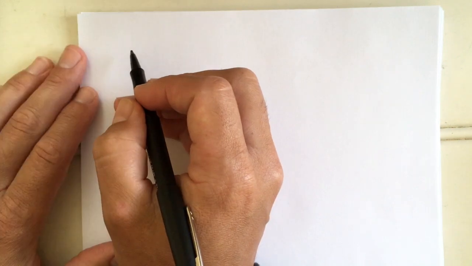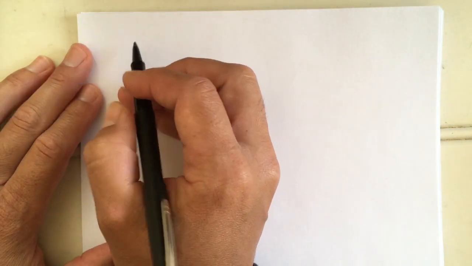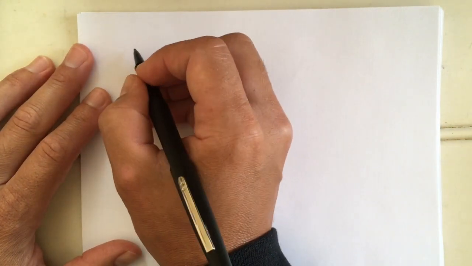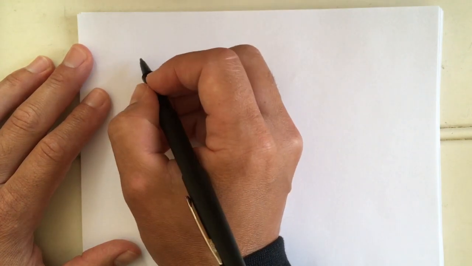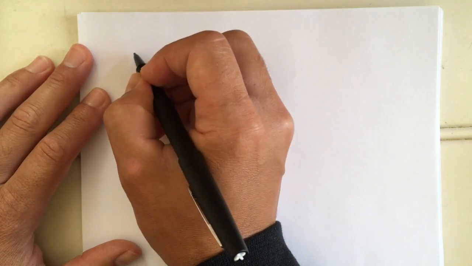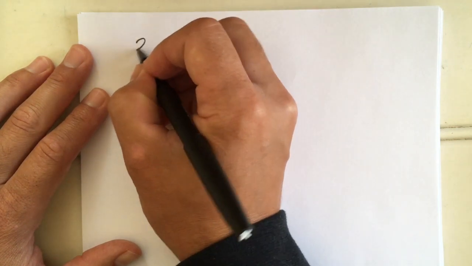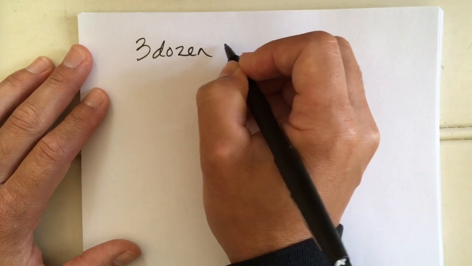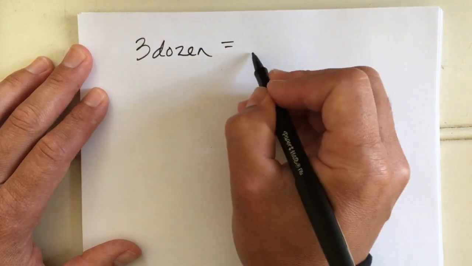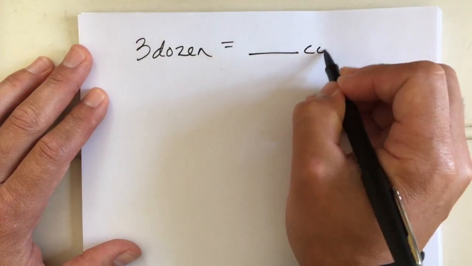So the first thing I would say is let's say we have something easy. We have three dozen cookies, and we want to know how many cookies that is. Equals blank cookies.